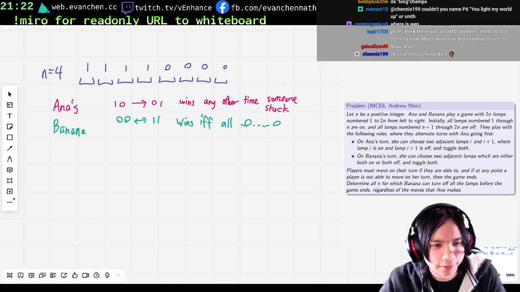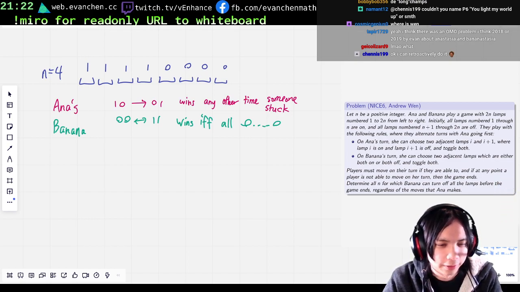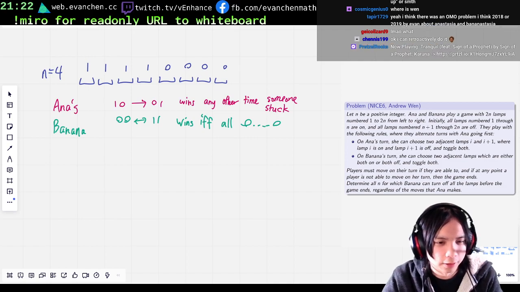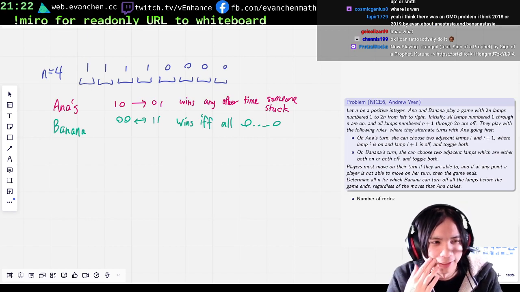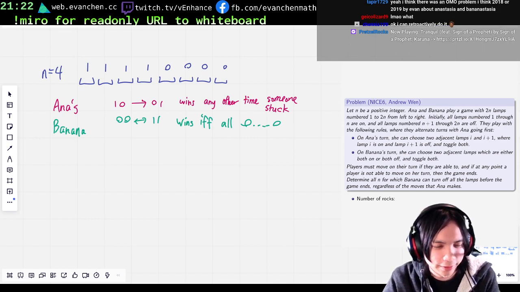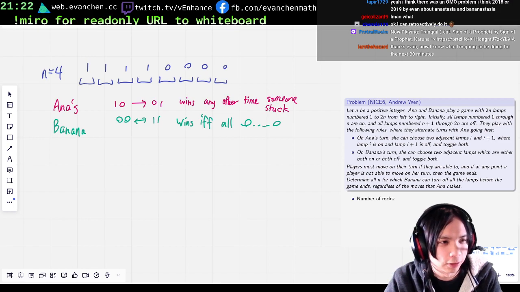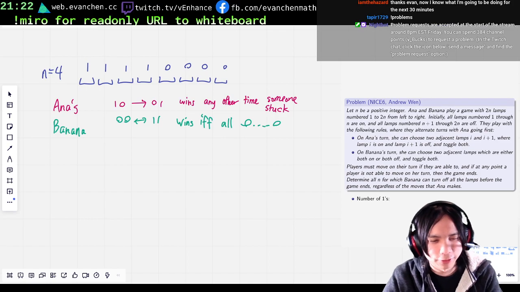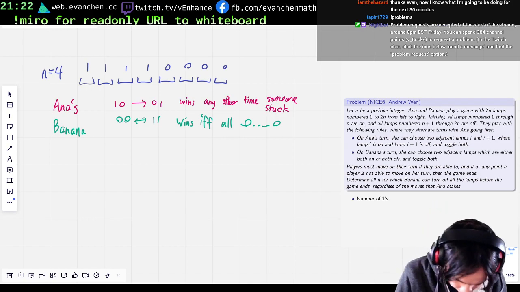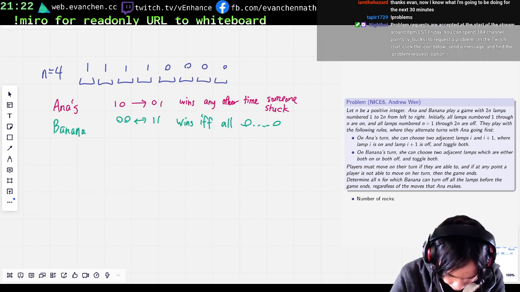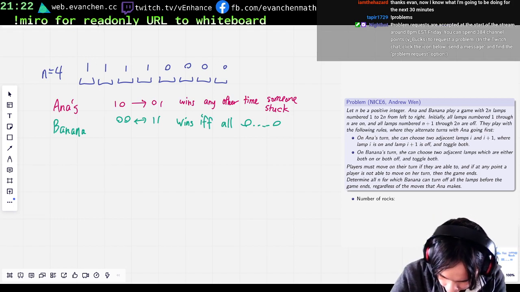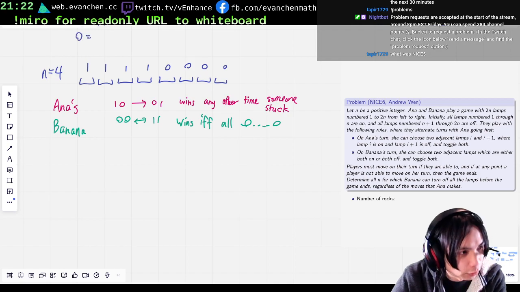So obviously, one obvious invariant is called number of rocks. Sorry, the version I got had rocks in it, but it should be lamps. Let me just say number of ones. Actually, no, you know what? Screw it. We're going to use rocks, because it'll be more useful later on. So 1 equals rock, 0 equals no rock.